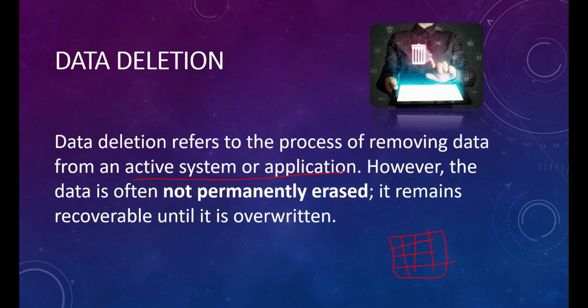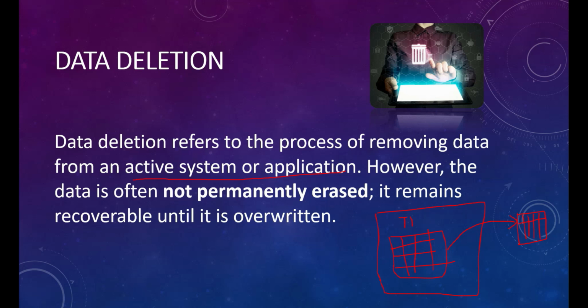Once you delete this table, it will be deleted from the active database, and it will be temporarily stored for some certain retention period in some other secondary storage system. That means a copy of the deleted data is stored somewhere for some time, because it is giving you the option to recover it.